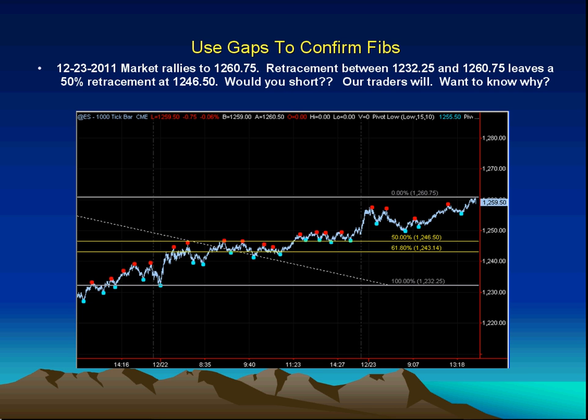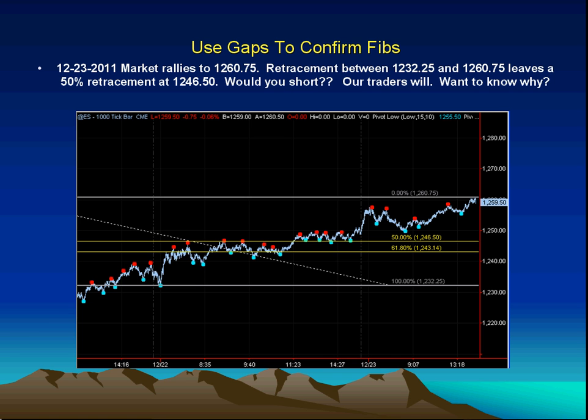It had come off of a low of 1232.25. Now, a 50% retracement between that high and low would bring the market back down to about 1246.50.